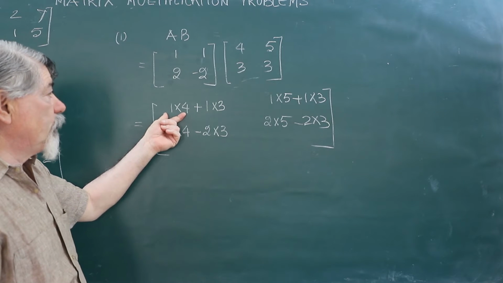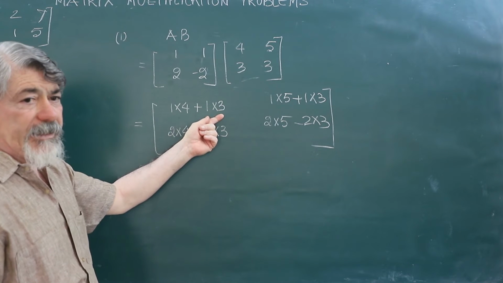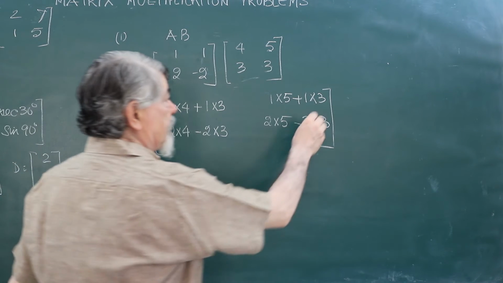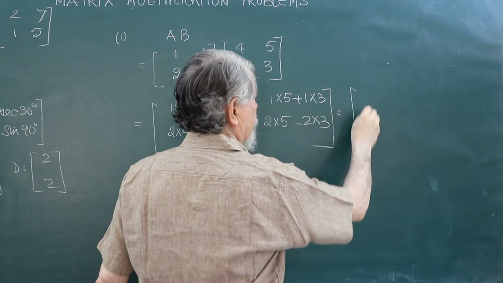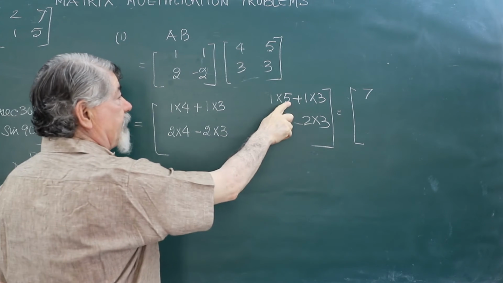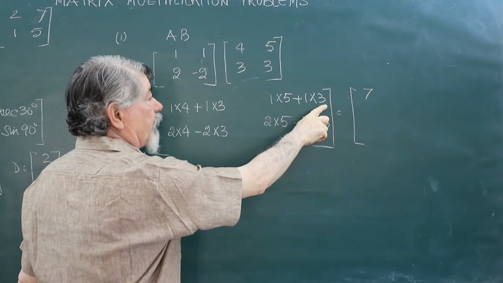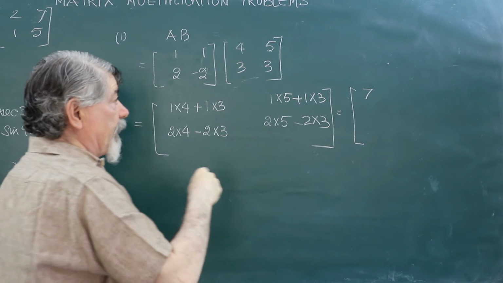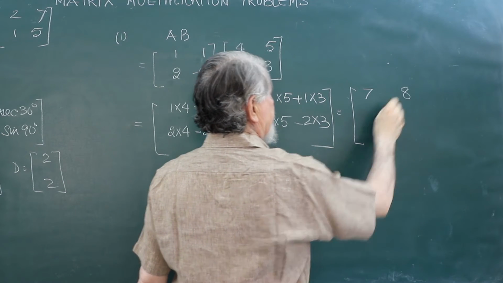1 into 4 is 4, 3 into 1 is 3, so 4 plus 3 will be 7. So we get the first element as 7. 1 into 5 is 5, plus 1 into 3 is 3, so 5 plus 3 is 8.